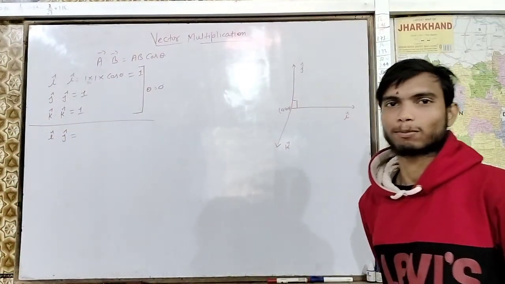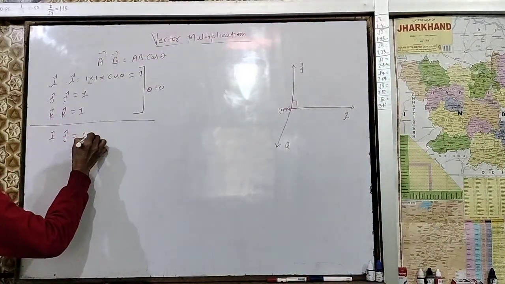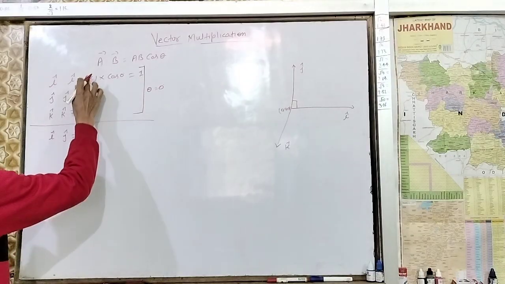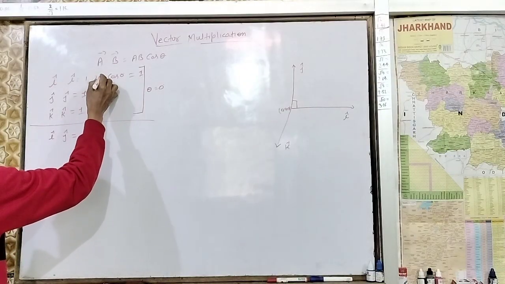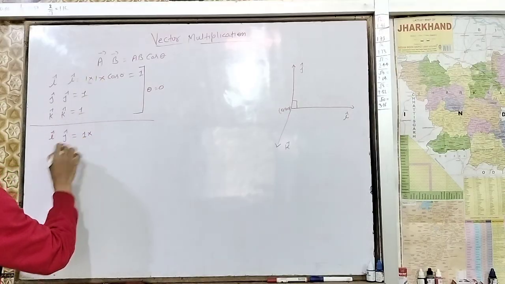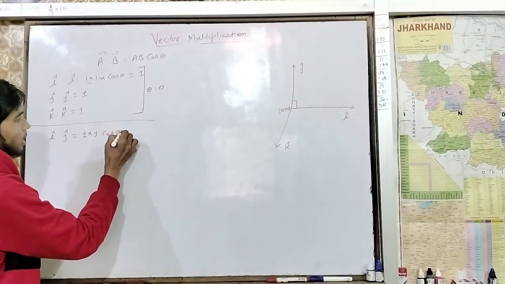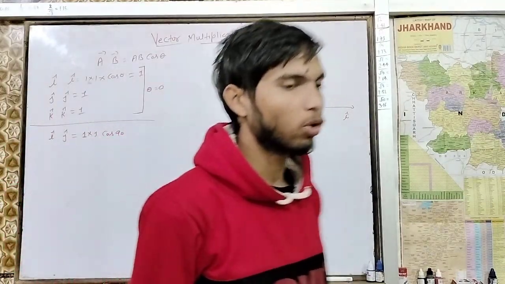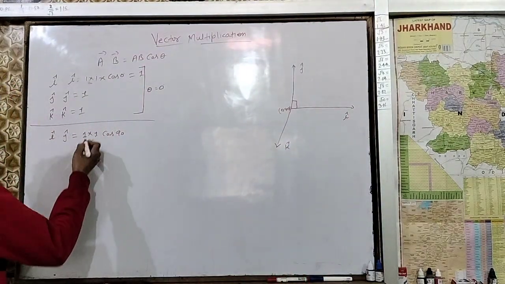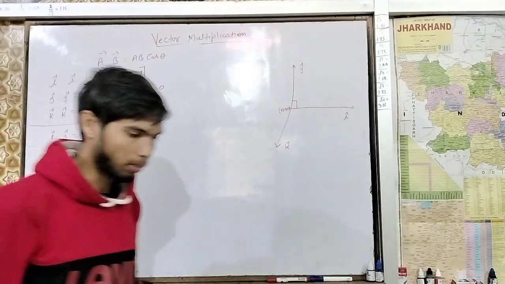Both are different, both are not the same. The magnitude of the first vector will be 1, no problem. The magnitude of this j cap will again be 1. Cos 90. Theta is how much? 90. So the value of cos 90 is going to be 0. So this whole term will become 0.